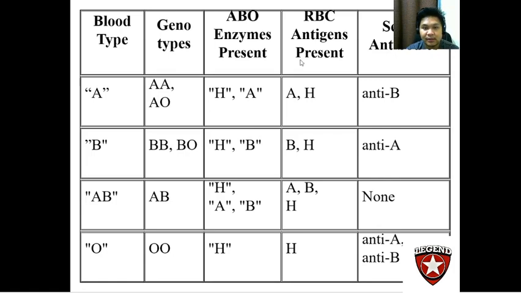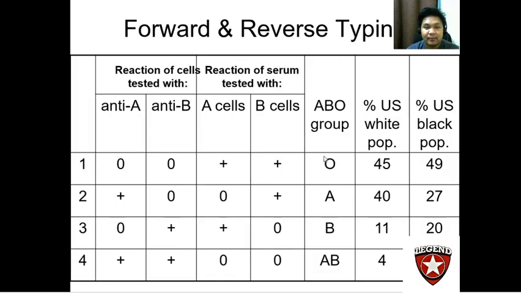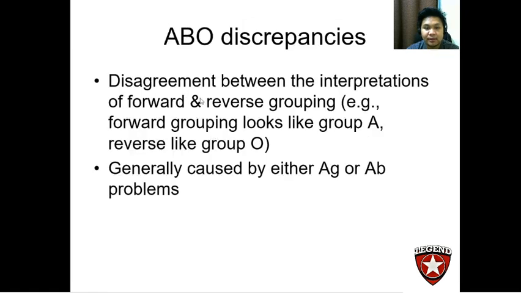Okay, so this is just another way of presenting it. ABO discrepancies are detected again when you have a discrepancy between the results of your forward and reverse typing. So there's disagreement between the interpretations of forward and reverse grouping.